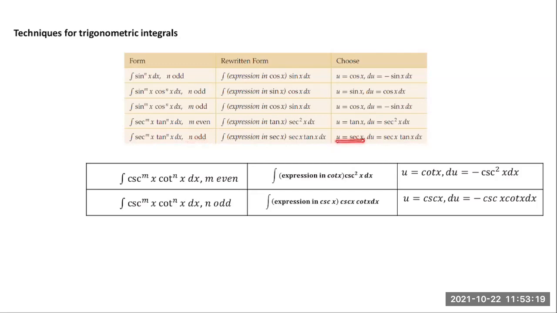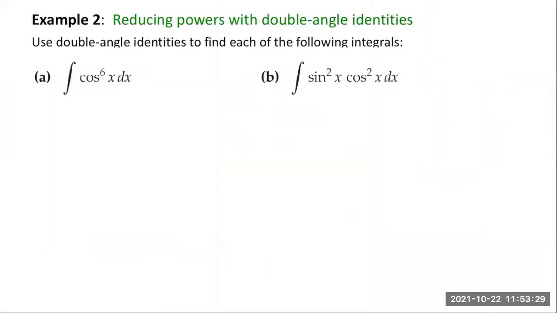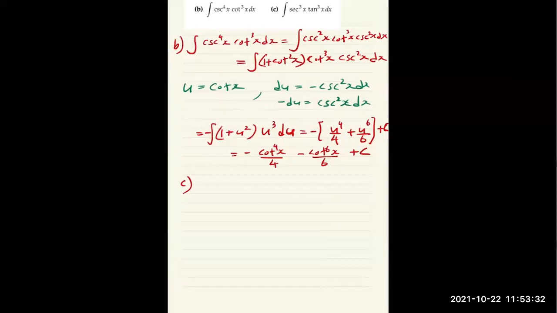Before you go with this substitution, you need to write your original integral in this form: secant x tan x dx at last, and the remaining thing in terms of secant x. Let's do that. This is the integral I have: secant cube x tan cube x dx.